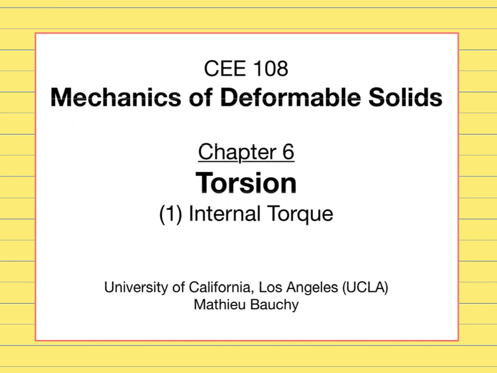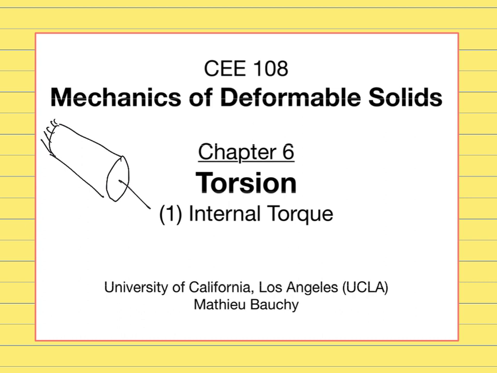So what is torsion? Let's start with defining what is torsion. To illustrate it, let's consider a shaft like this. Let's consider that you have a cylinder that is attached to a fixed support at one of its extremity.